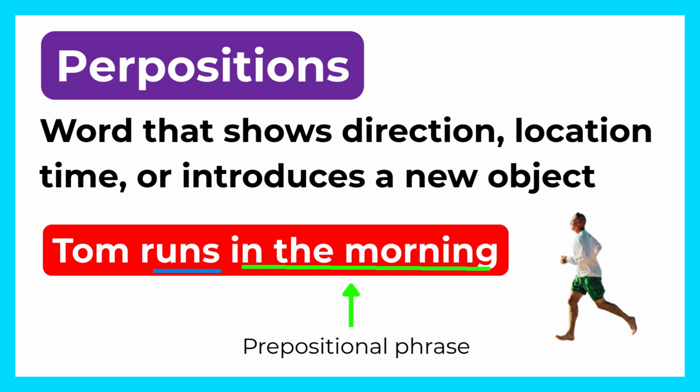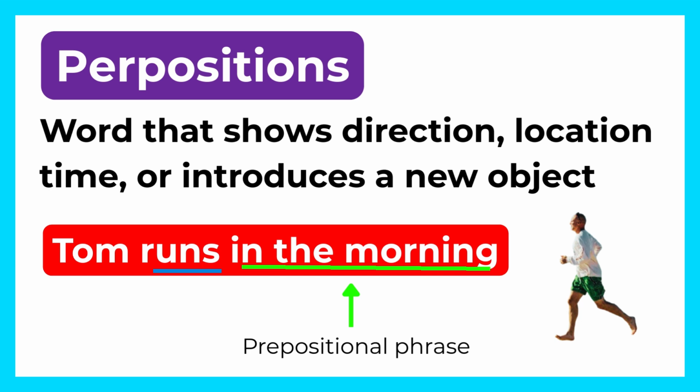They can tell us about the relationship between their object and the word they modify or describe. In this sentence, the prepositional phrase is in the morning. It modifies the verb runs. It also tells us when Tom runs.